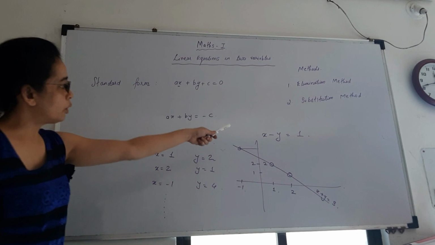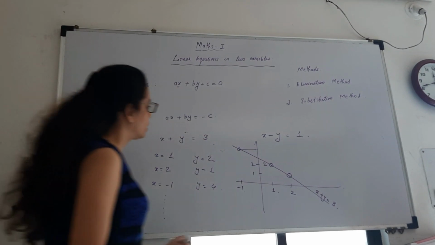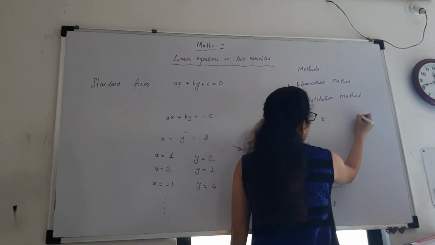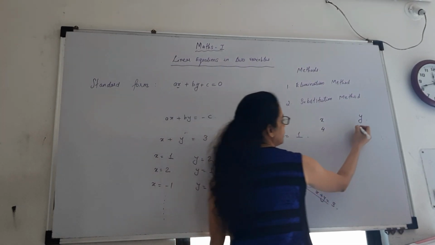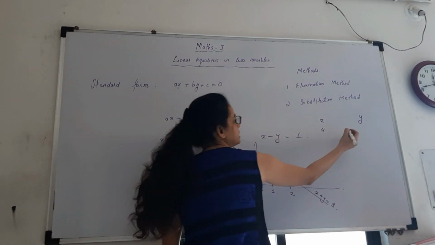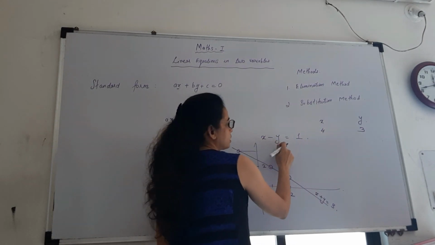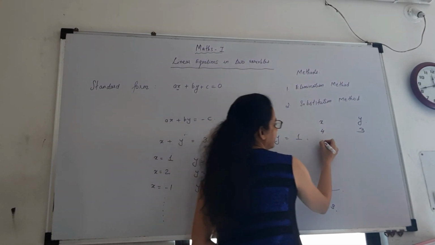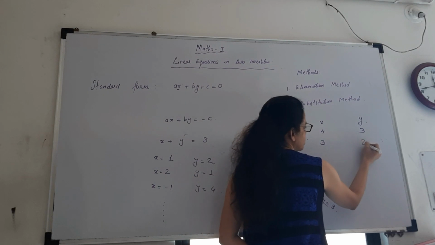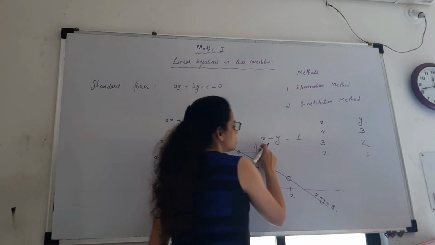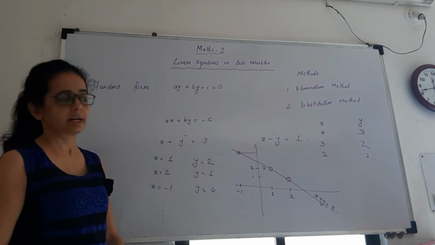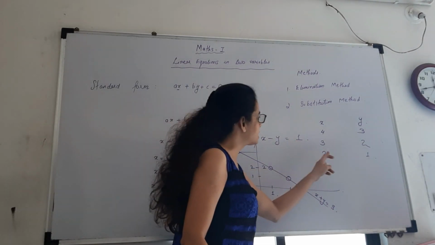Now I am going to plot the graph for x minus y equal to 1. Given any value of x and y, let me take x value say 4, y value will be 3, because 4 minus 3 is equal to 1. If I take x as 3, y as 2, 3 minus 2 equal to 1. That way I have infinite number of values of x and y to give me the answer as 1. Let me plot this and see what happens.